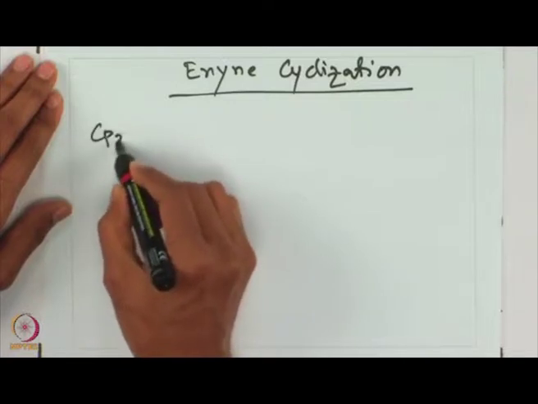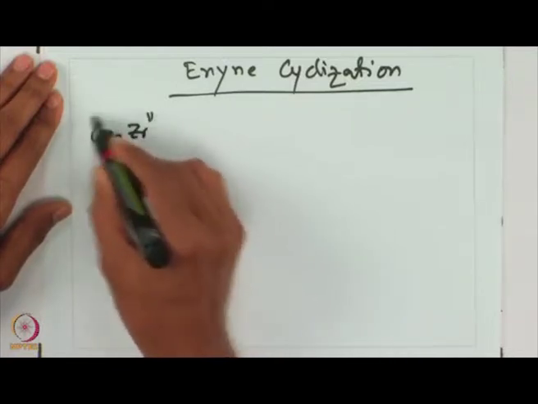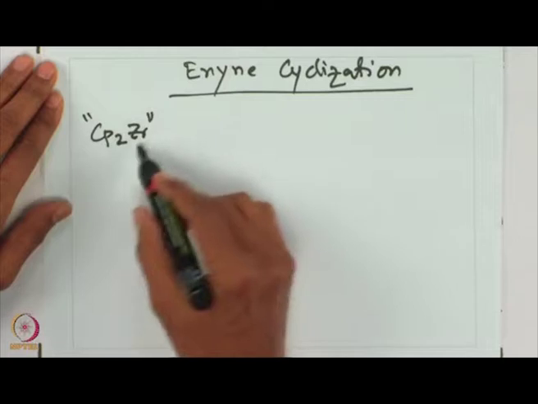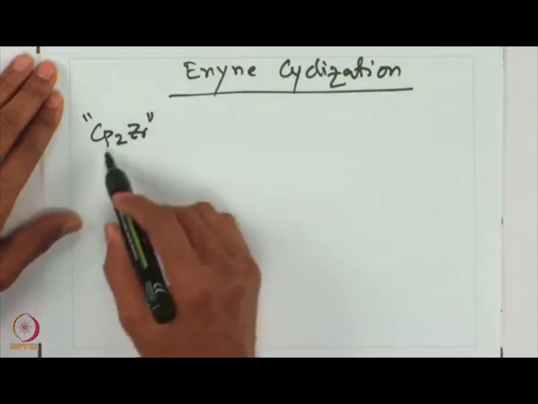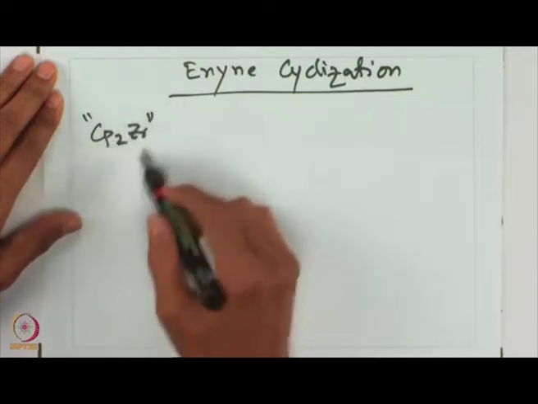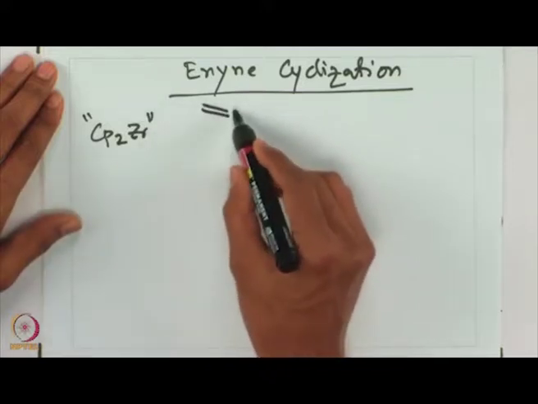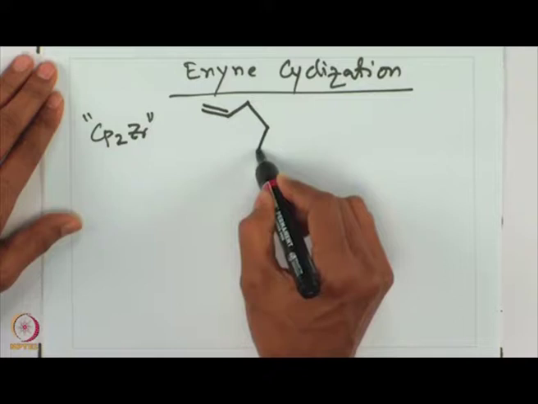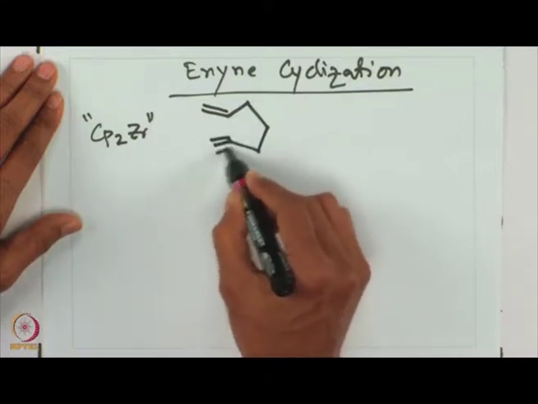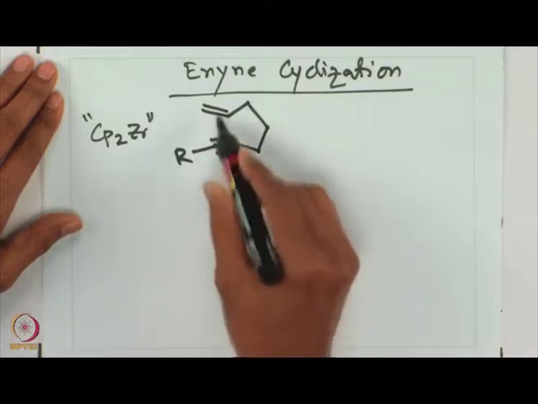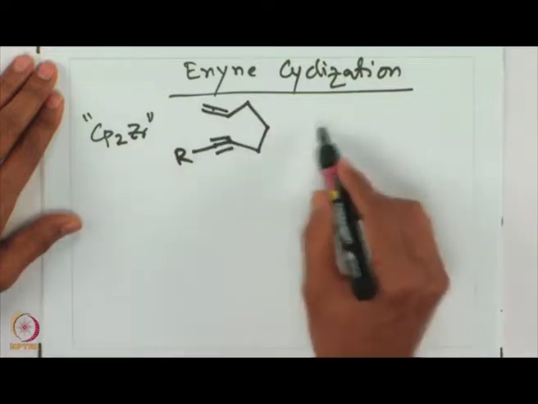What we have essentially is, in quotes, this is not really directly formed; you have to synthesize it in situ, and along with it, if you have an olefin with it, we do have an enyne as an intermediate.